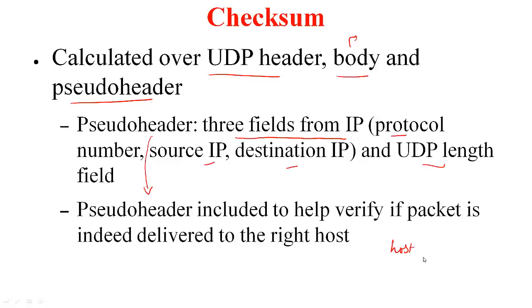So where will you check that this packet is not destined for the host? If the transport layer includes a checksum like this, then you will know, because your original checksum at the source itself included the destination IP address. Thereby you will know that this packet is not for me, the checksum will fail, and you're going to drop that particular packet.